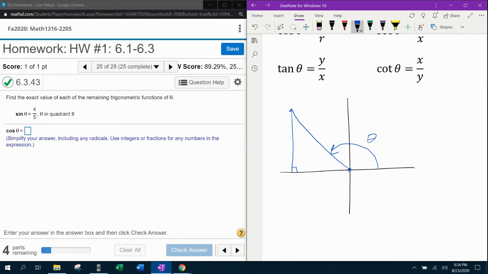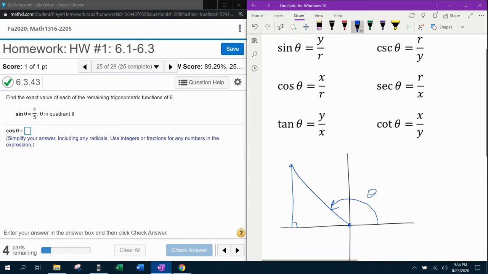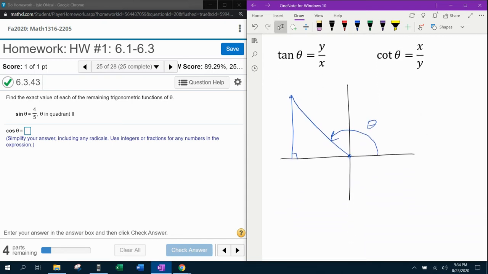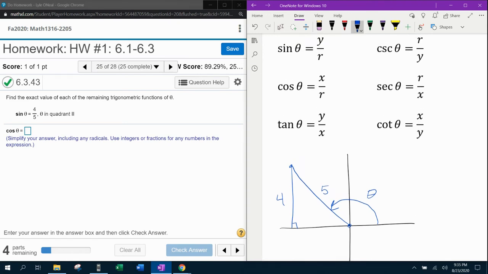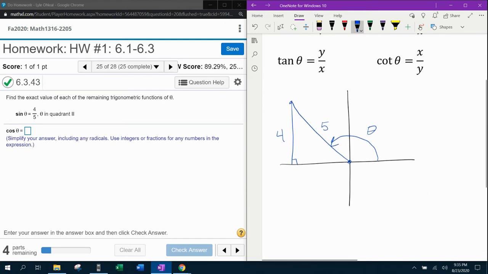We can see that the sine, which is y over r, the y value is 4, and the radius is 5. Those are the pieces that are given. Sine theta is 4 over 5. So y is 4 and r is 5.